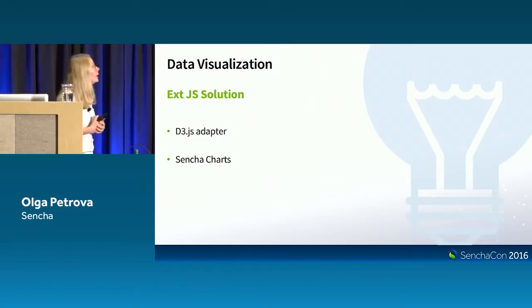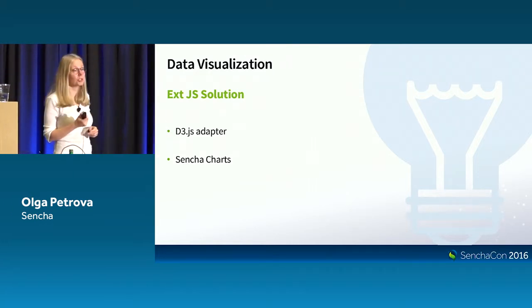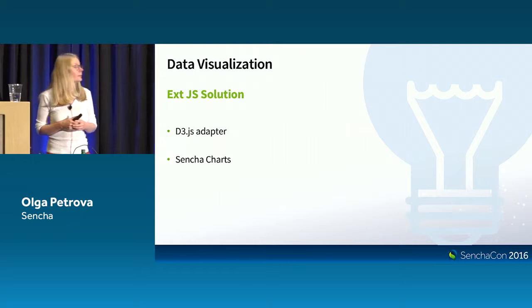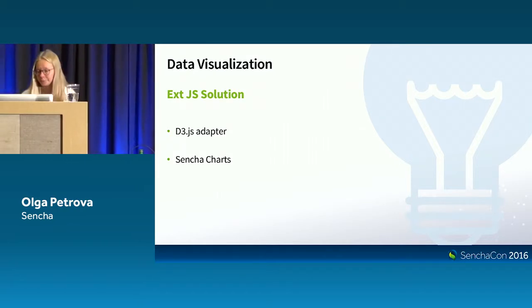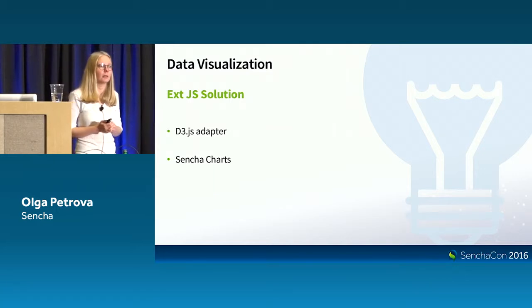And what could Ext JS offer here? Ext JS could offer the D3.js adapter introduced in Ext JS 6.2, or Sencha charts. Sencha charts have been available for a long time and are very well known, so I concentrated on the D3.js adapter. Who of you is using D3?